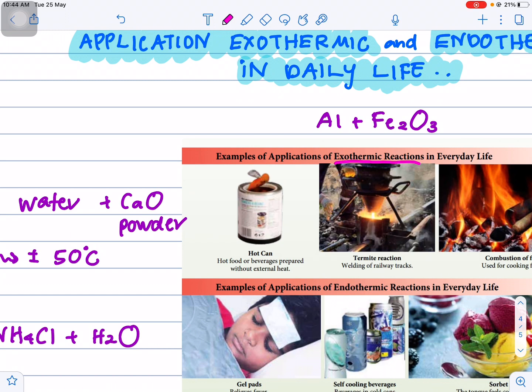This is very nice and very cool, because we can have hot food even though we don't have a gas stove. It is really important if we go camping for 1 or 2 weeks. No need to bring charcoal, no need to do the combustion, and we can have our hot food within a few minutes. We just apply the concept of exothermic reaction in this hot can.